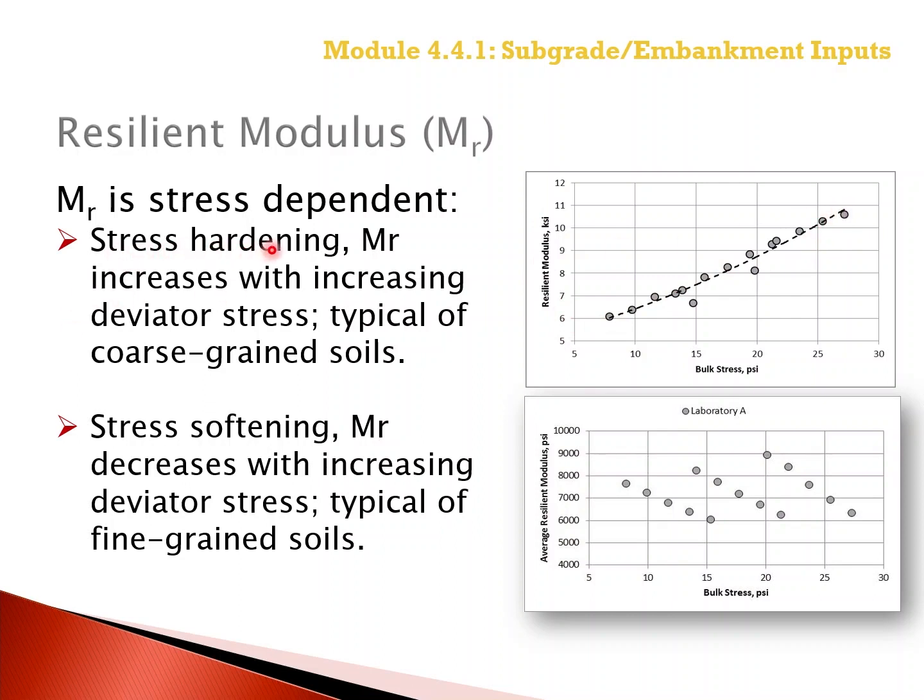This is referred to as stress hardening, and this is typical of coarse-grained soil. Conversely, stress softening is where the average resilient modulus decreases with an increase in stress state, or bulk stress. So in stress softening, resilient modulus decreases with increasing deviator stress. This type of response is typical of fine-grained soils.